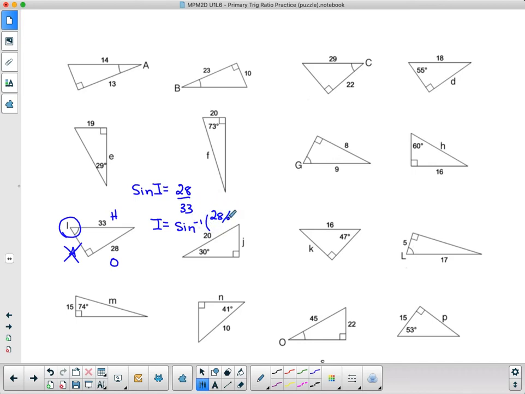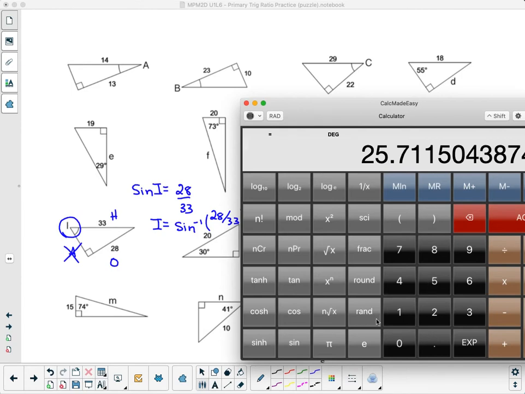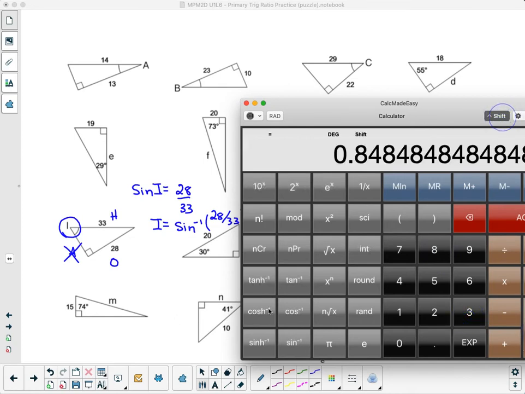So 28 over 33. Let's plug that into our calculator. So we go 28 divided by 33 equals, and now I'm going to go shift and sine. So that's 58. Now we're rounding to no decimal places. You want to make sure you round correctly.